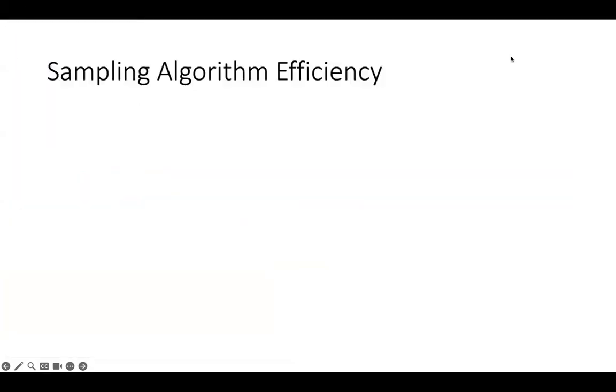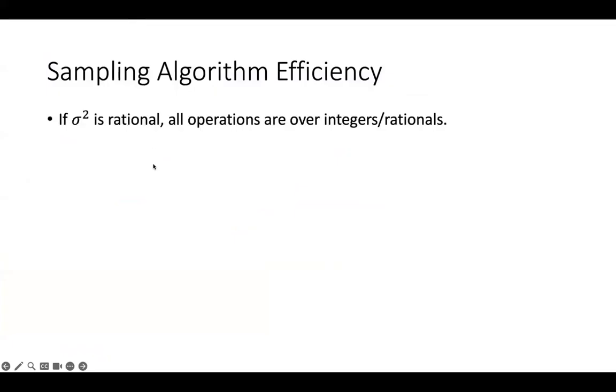Okay, so I've now described to you the whole algorithm. Let's talk briefly about the efficiency of the algorithm. There's a certain closure here. If I start with a parameter sigma squared that is rational, then all of the operations of my algorithm are going to be restricted to integer or rational values.